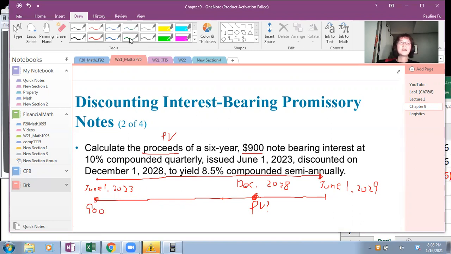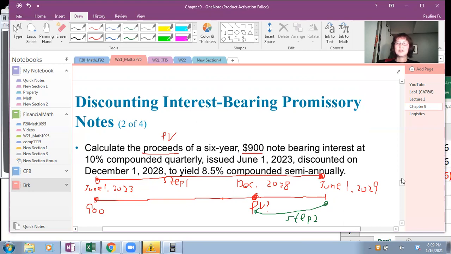Step two, from here to here: once you have a value here, what is the value here? Step one is in red color. Calculate the future value here. And step two, once you have this future value, you calculate the present value at this point.